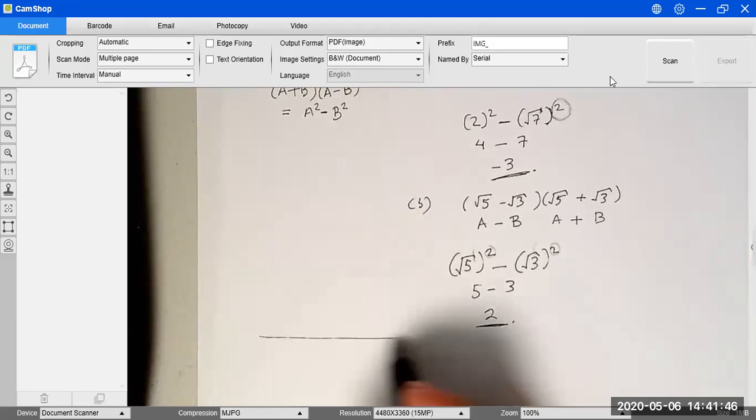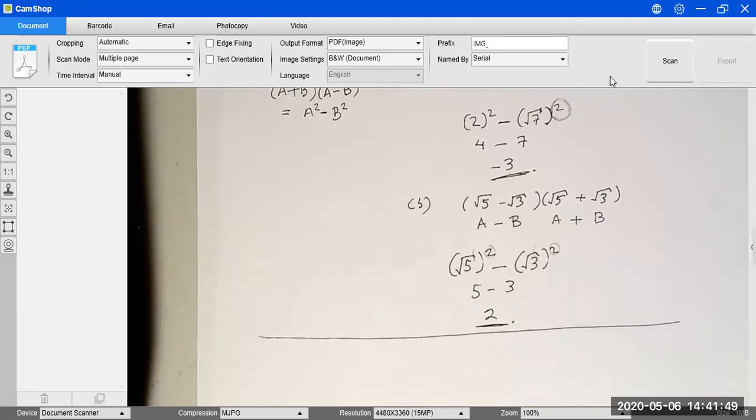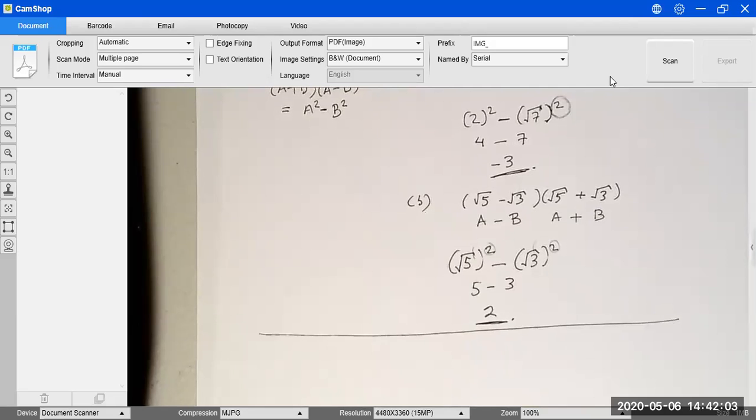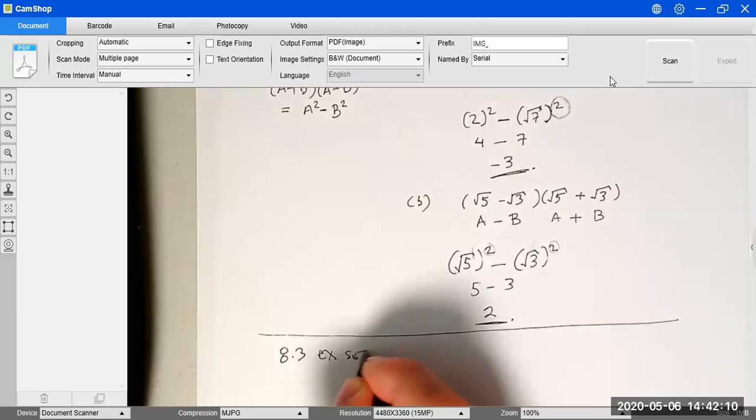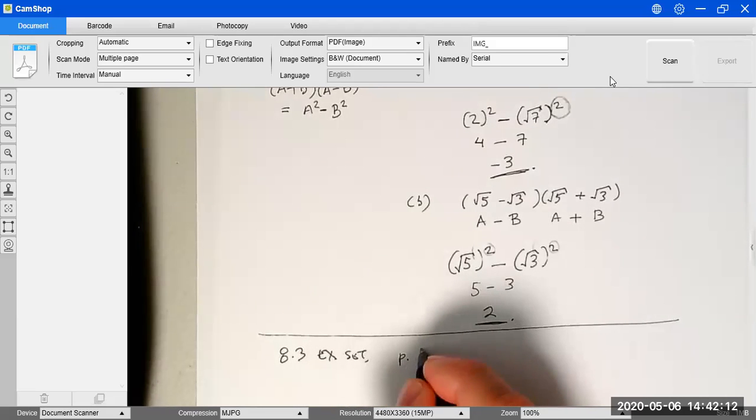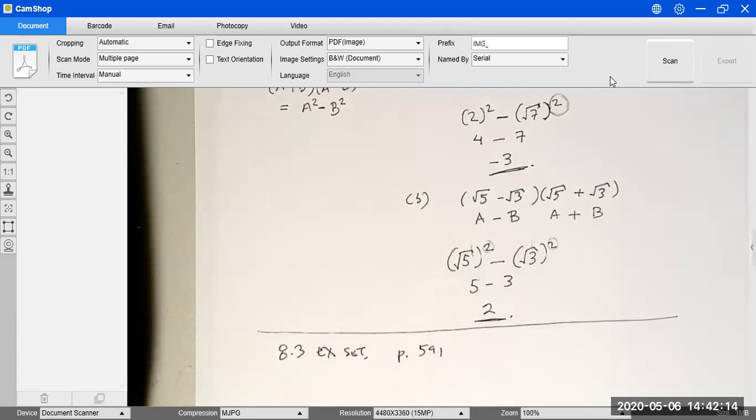So now you're going to have a lot of exercises because this is important. I want you to learn this very well. So you're going to end this semester successfully, knowing a lot of things that you're going to use later in your future classes. So we're going to work again on the 8.3 exercise set on page 591.